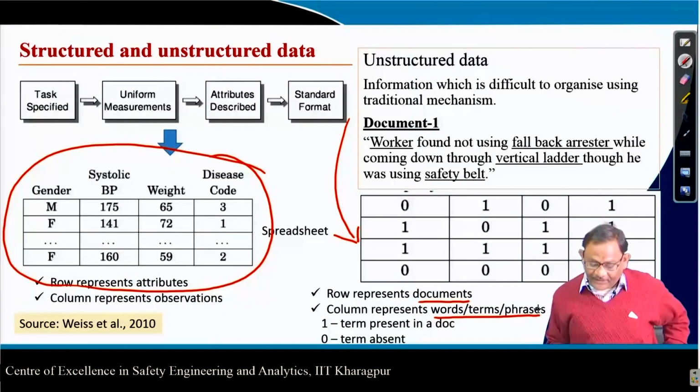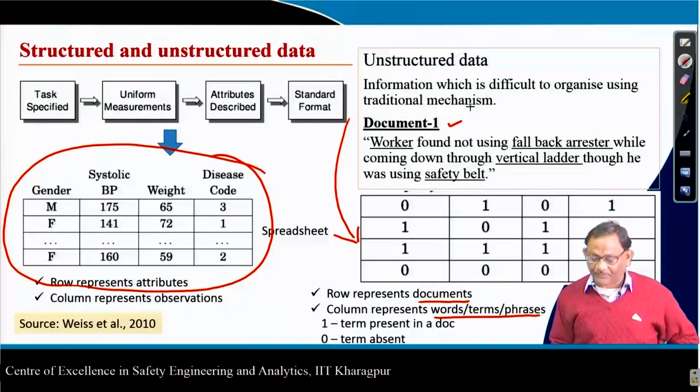So we can discuss, suppose this is document 1, this is another example. Worker found not using fallback arrestor while coming down through vertical ladder, though he was using safety belt.